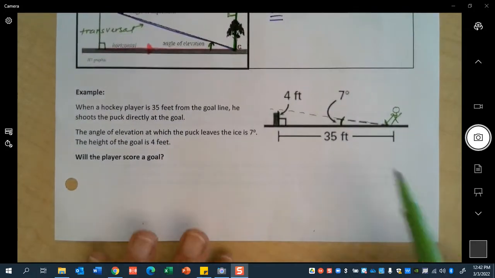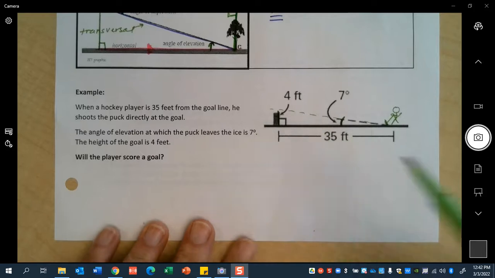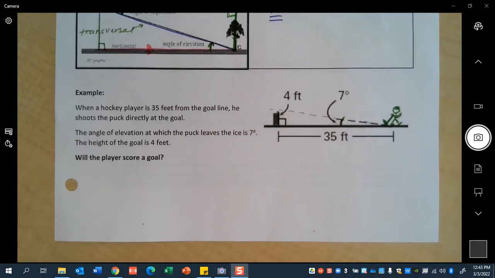When a hockey player is 35 feet from the goal line, he shoots the puck directly at the goal. So here's his stick, and he's wearing a helmet, safety first. And here he is. His skates are very sharp. He's shooting the puck 35 feet from the goal line, directly at the goal.